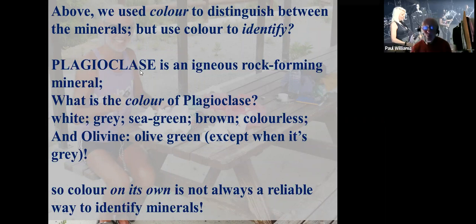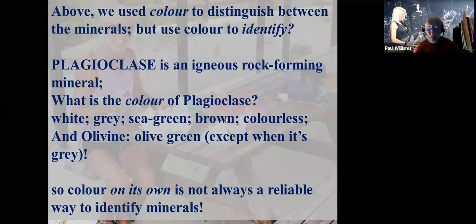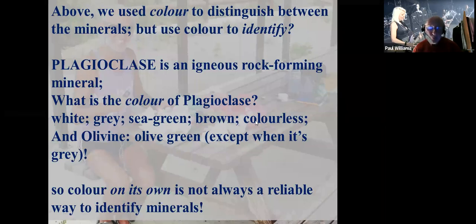And we're going to deal with plagioclase later on this evening. So plagioclase, it's a major rock-forming mineral. But when we look at the color of plagioclase, well, it can be white, it can be gray, it can be sea green, it can be brown, and it can be colorless.